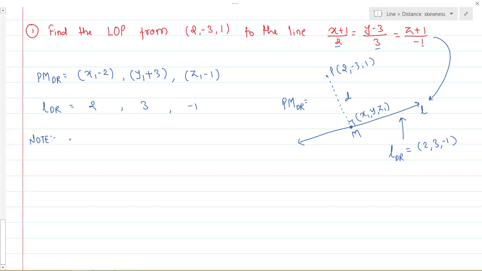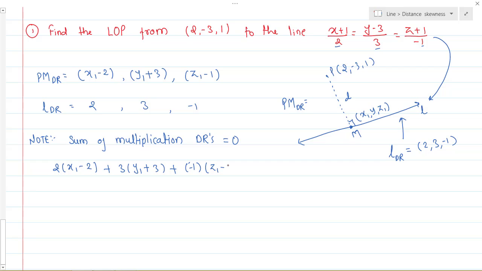That is nothing but the sum of the multiplication of DRs is always equal to 0. Okay, the sum of the multiplication of the DRs is always equal to 0 means what? 2 into (x1 minus 2) plus 3 into (y1 plus 3) plus (-1) into (z1 minus 1) equals 0.